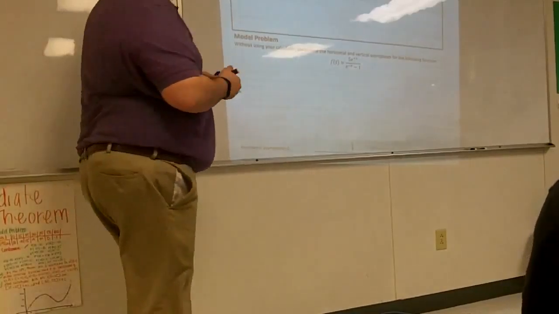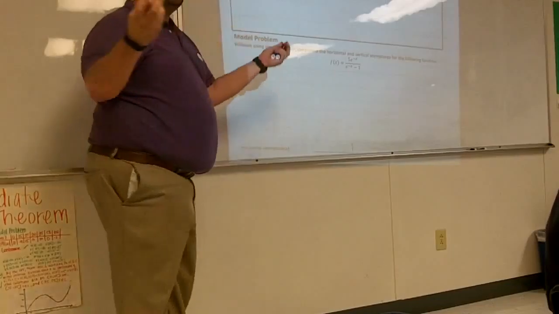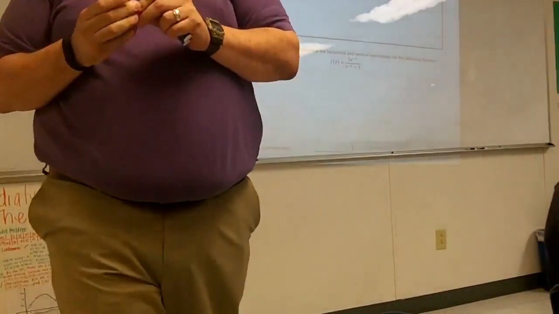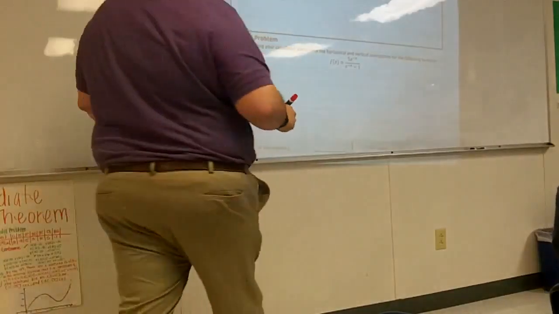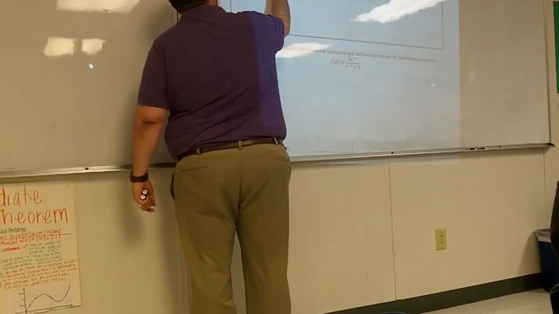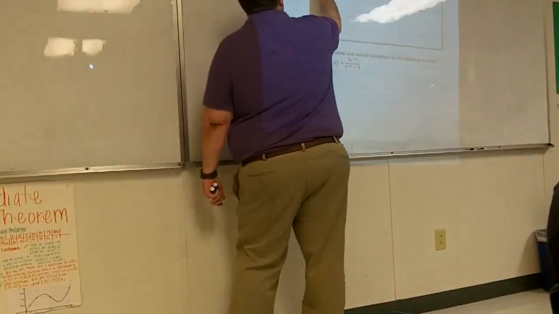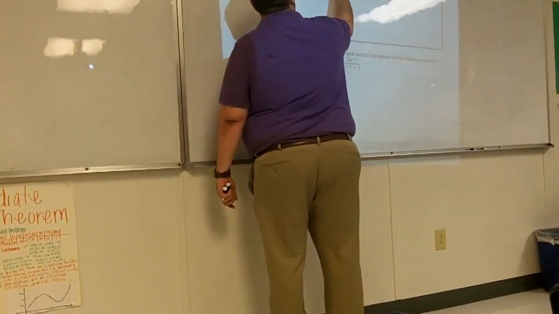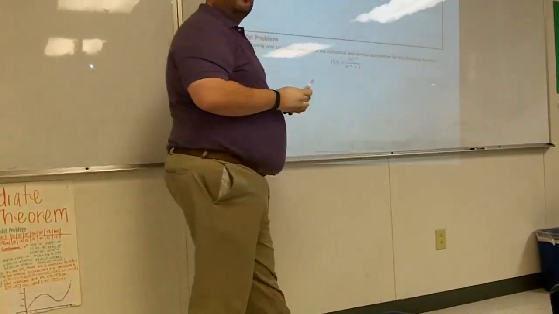I love it. So I say horizontal asymptotes. What is everyone thinking? We're really thinking end behavior. If I give you a function, the way that you find the horizontal asymptotes is you find the limit as x approaches infinity, and the limit as x approaches negative infinity.